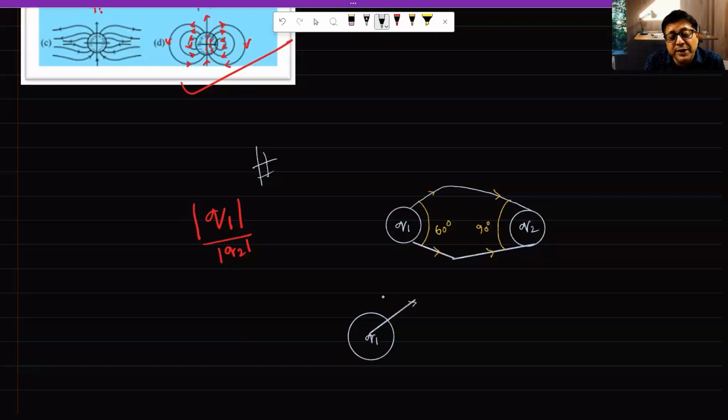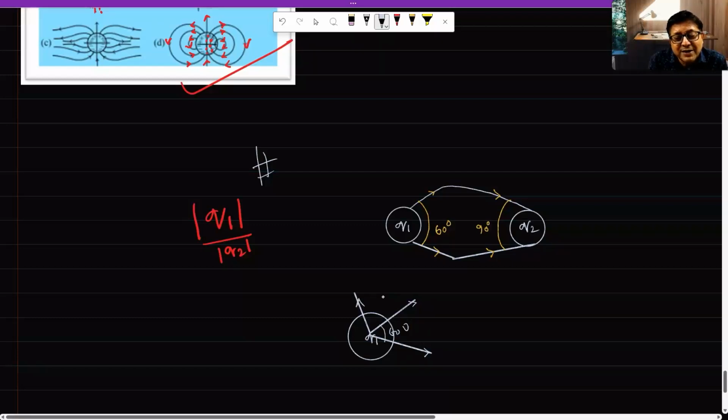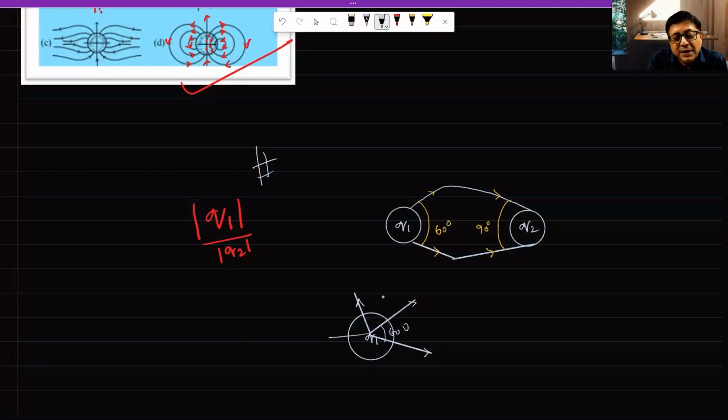One going this way, another going this way. This is 60 degrees. Then another one going like this. Going like this. Going like this.